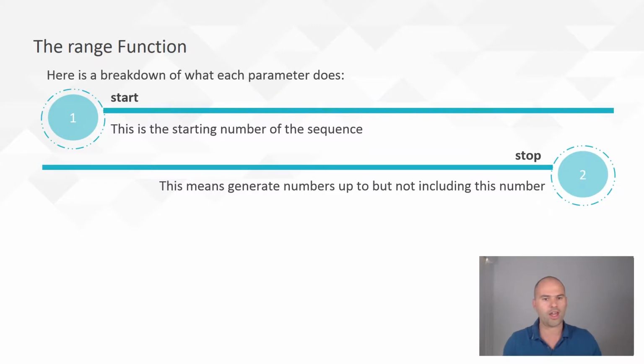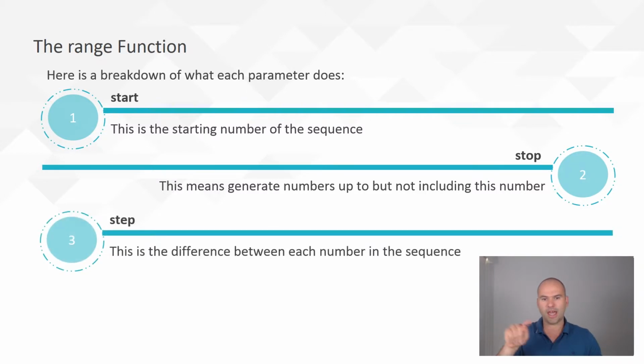So if you go for i in range 0 to 5, the loop is going to go until i is equal to 5. But it'll never be 5. So the value of i is going to stop at 4, one less. And last is the step, which is how many steps you take when you iterate. Now, this is going to make a lot more sense when we see it in the program right now.